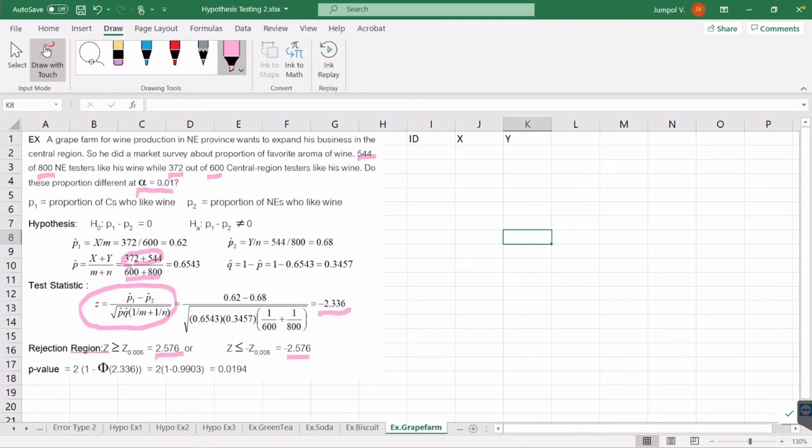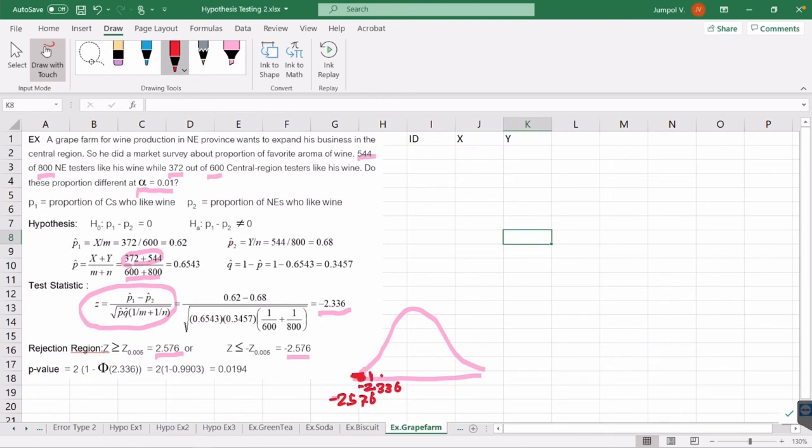So we can conclude that, with minus 2.576 here and minus 2.336 here, the test statistic is still not in the rejection region.